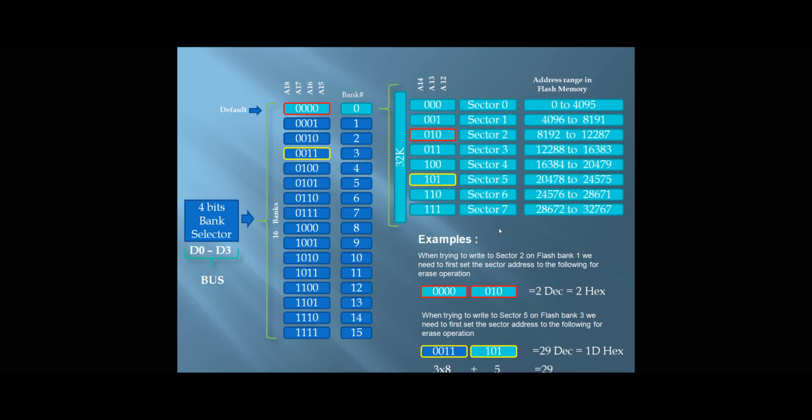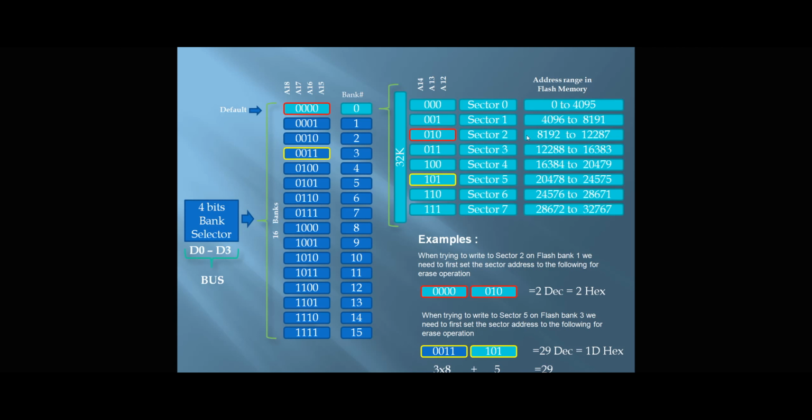Let's say that we want to write a byte to address 8192 on our flash memory. In order to do that, according to our flash memory documentation, first we need to erase the sector that specific memory location is located in. So that means that we have to erase sector 2.